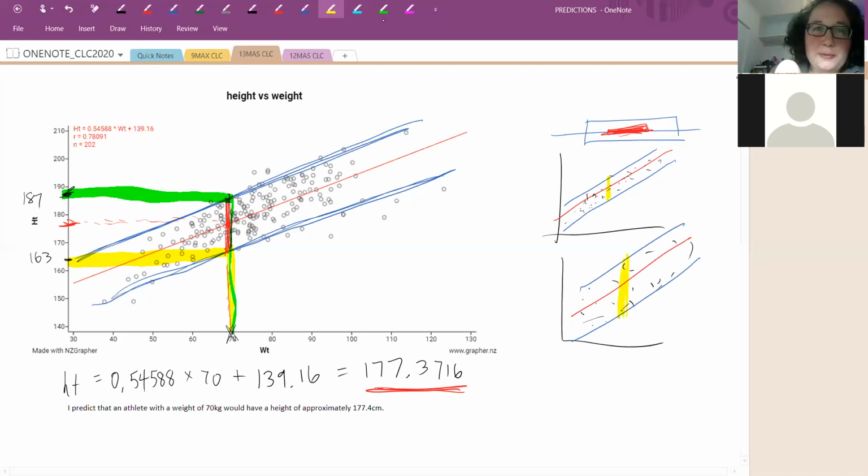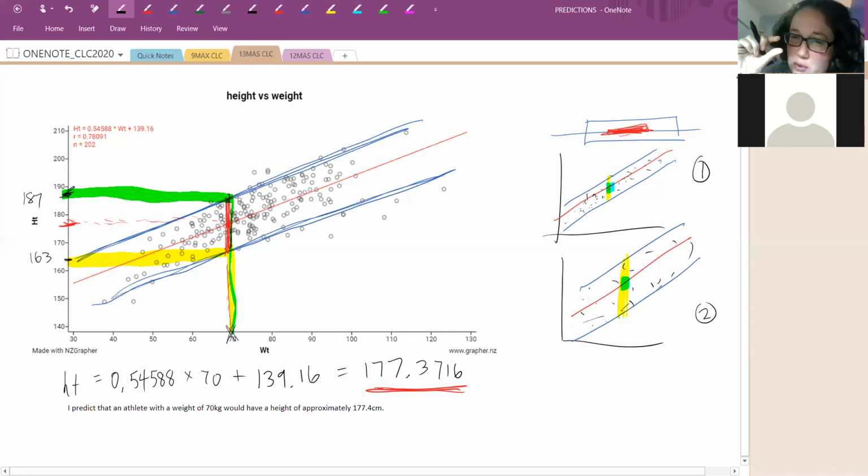So even though this might be the exact same value, look at what happens. I have a huge range of values in number 2, and in number 1, I have a far smaller range. So by making this band of scatter, I'm really talking a lot about how confident I am in my prediction that I'm making.